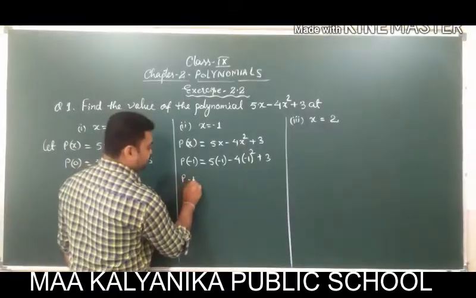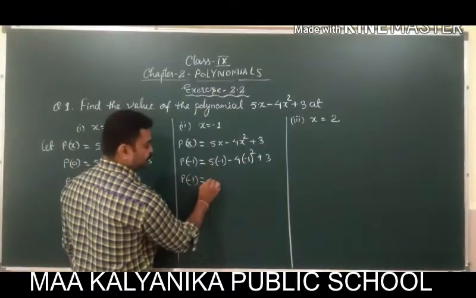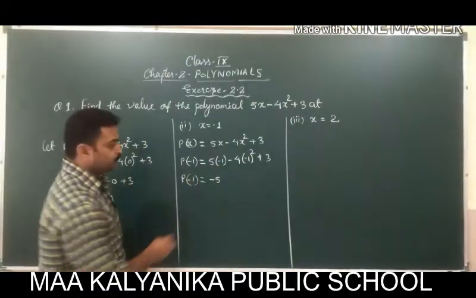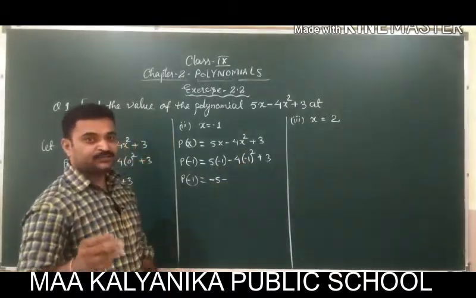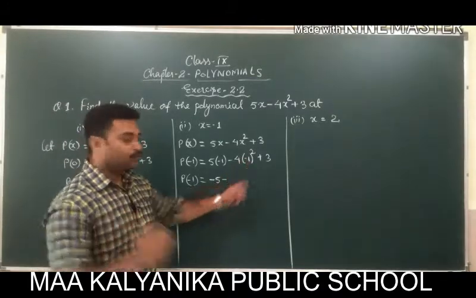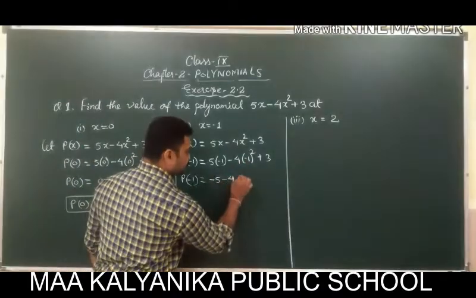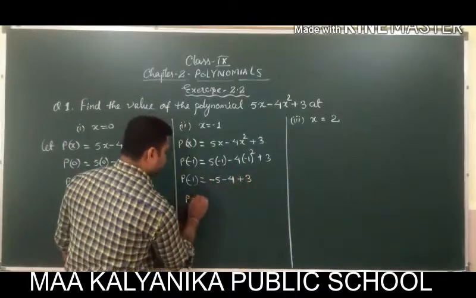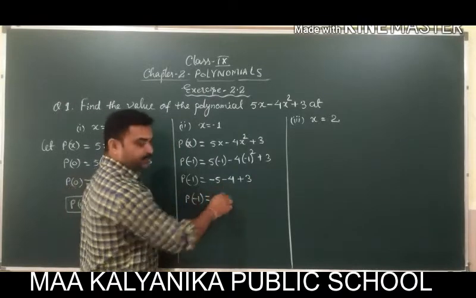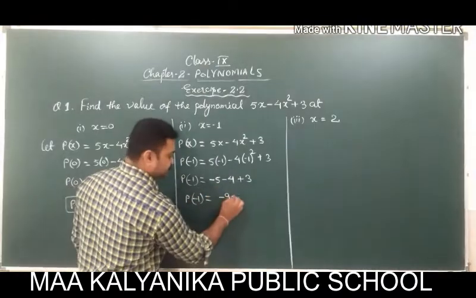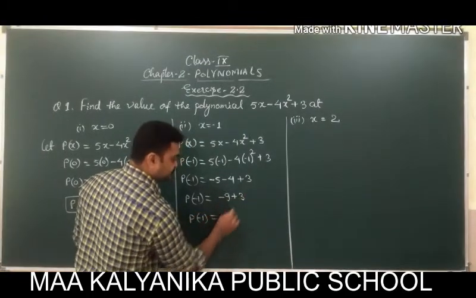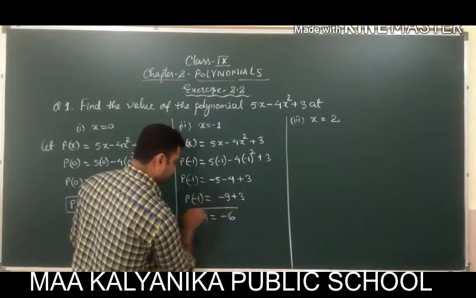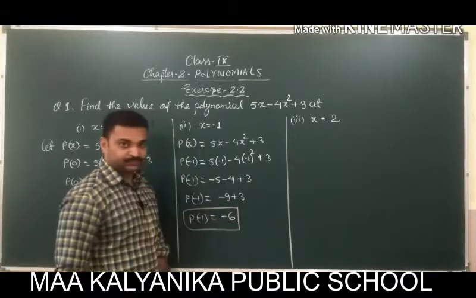Now p(minus 1) is equal to 5 into minus 1, that is minus 5, minus 1 to the power 2, minus 1 into minus 1, that is 1, then 4 into 1, 4, and minus 4 plus 3. Again p(minus 1) is equal to minus 5 minus 4, that is minus 9 plus 3. So p(minus 1) is equal to minus 6. So it will be our answer.